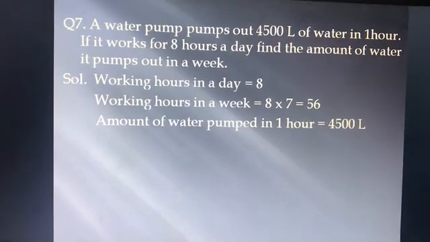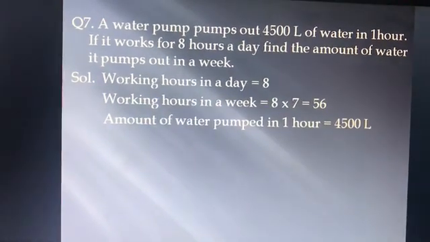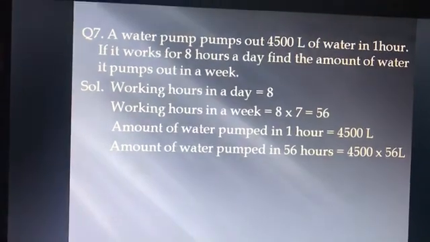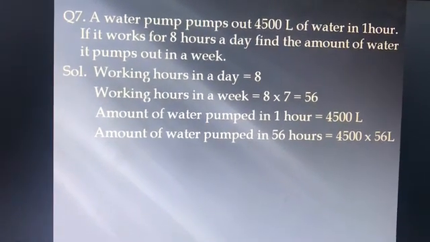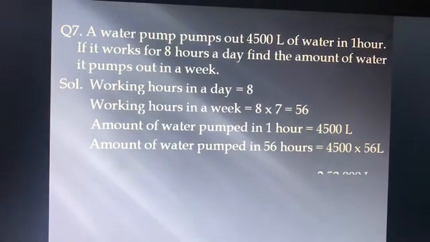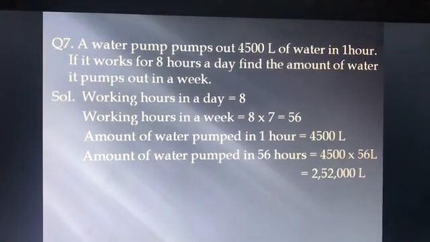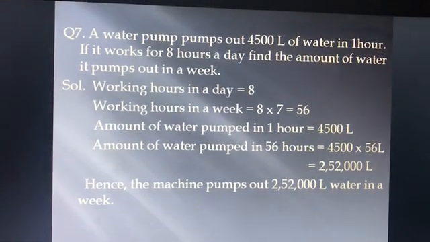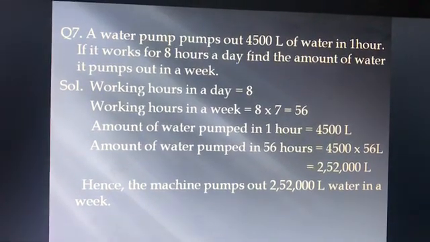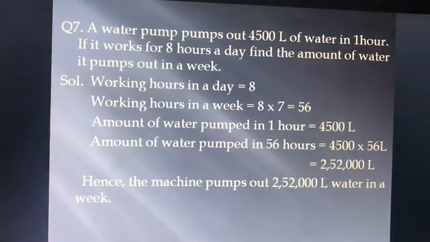So amount of water pumped in 1 hour is 4500 liters and amount of water pumped in 56 hours is 4500 multiplied by 56 liters, and that is equal to 2,52,000 liters. At last we'll write hence the machine pumps out 2,52,000 liters water in a week.